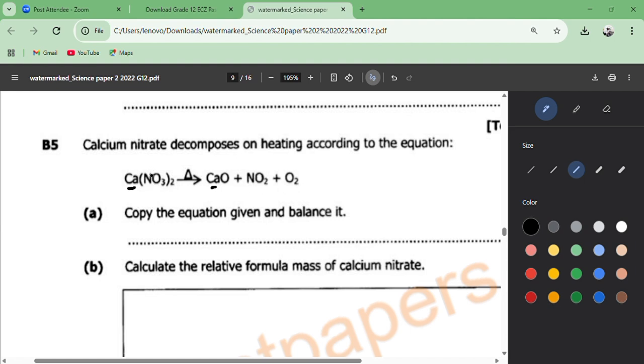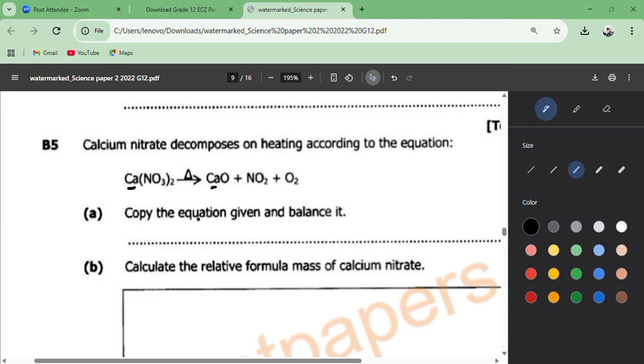For nitrogen, how many atoms this side? 2 multiplies everything here, so this makes the nitrogen atoms 2. Here we only have 1.